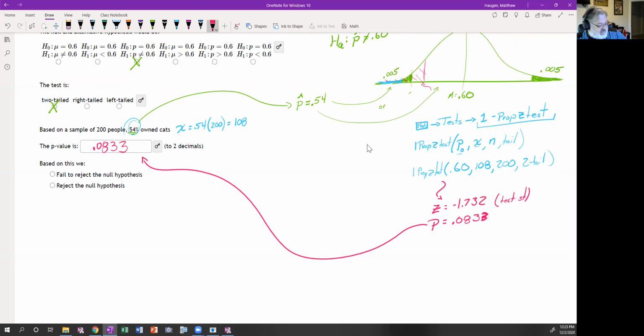But what does that mean? That's a probability. So that means the probability of being that value or greater was 0.0833.